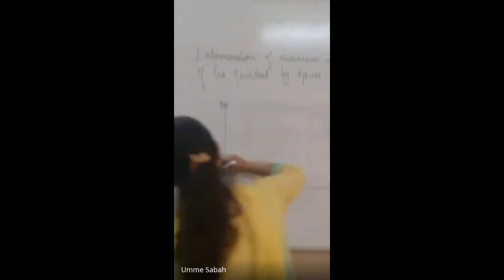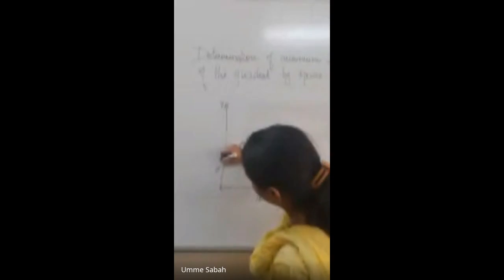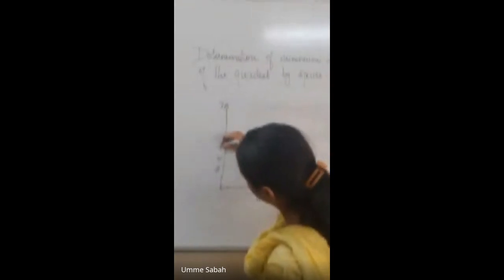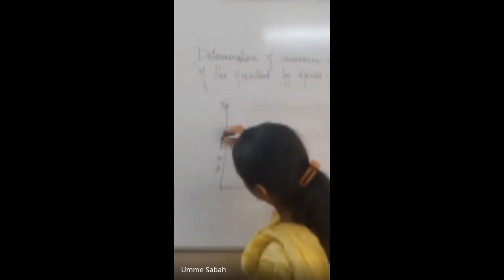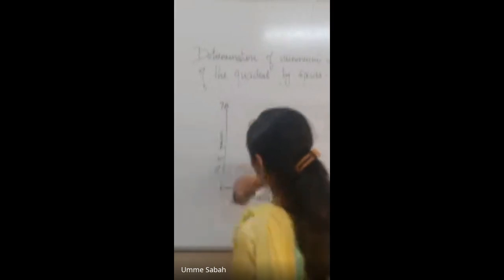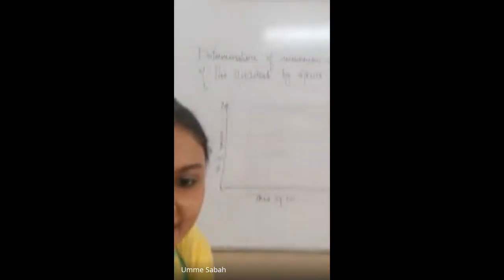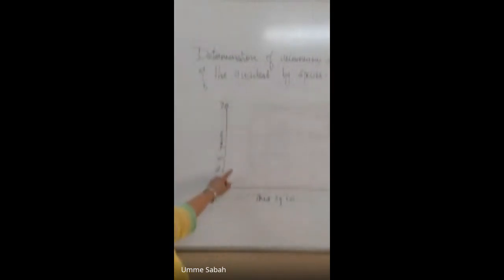On the y-axis you will be mentioning number of species. On the x-axis you are writing area, square centimeter. Proper scale has to be taken on the graph sheet, students. You are MSc students, you know very well.